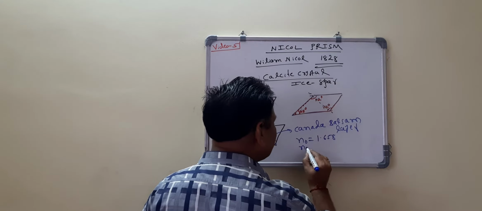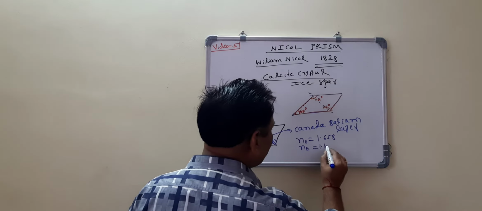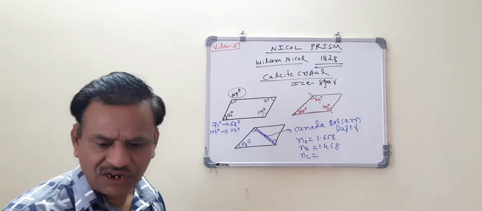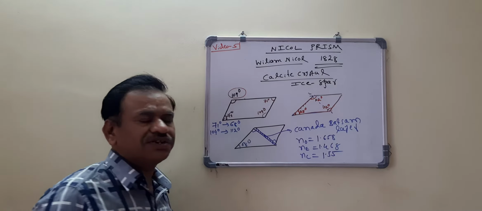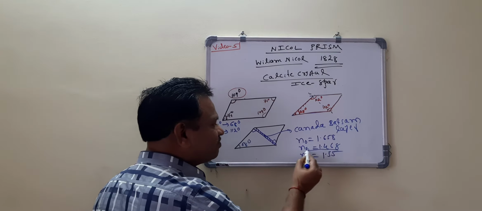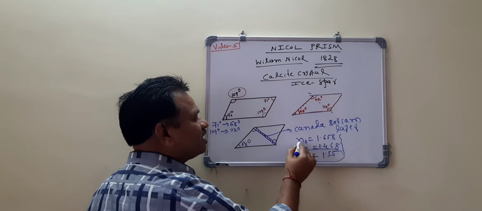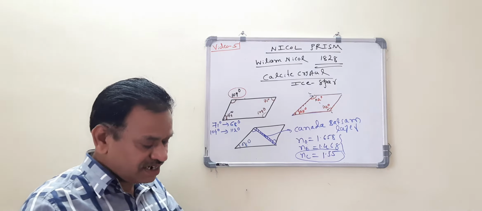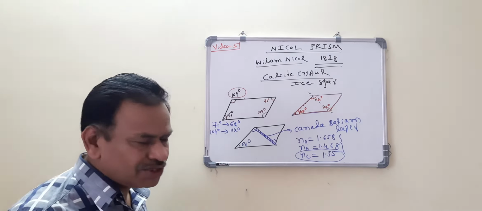The refractive index of the extraordinary ray is 1.468. The refractive index of Canada balsam is 1.55. See the beauty of it: the refractive index of this Canada balsam layer lies between the refractive index of the ordinary ray and that of the extraordinary ray.